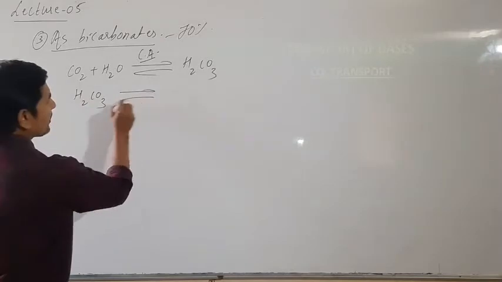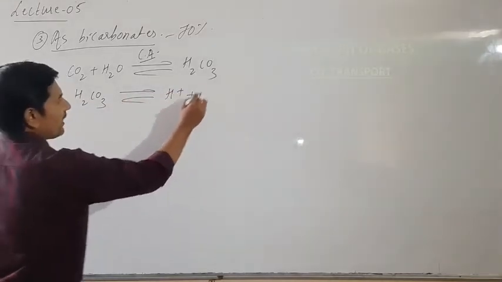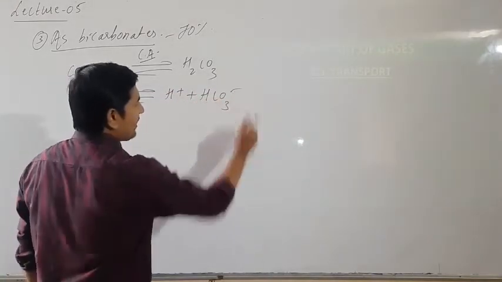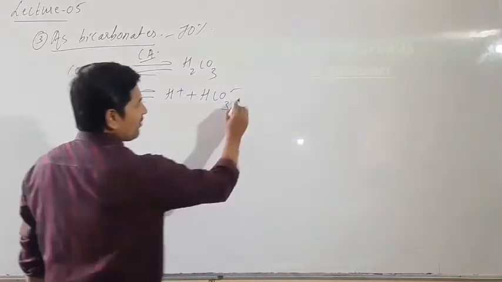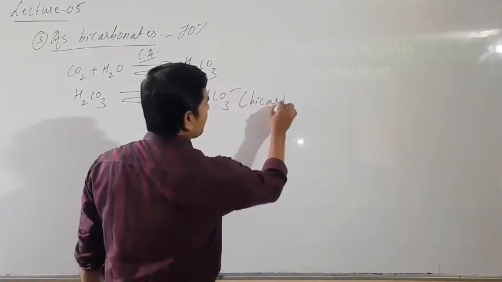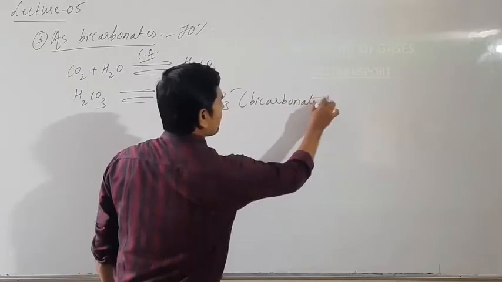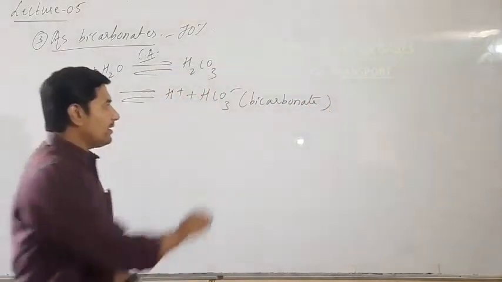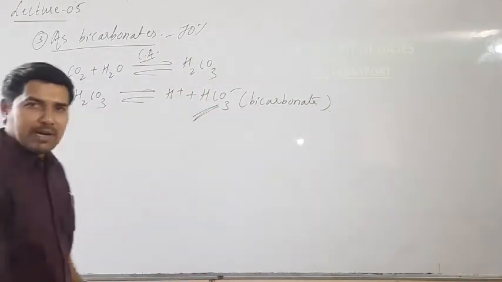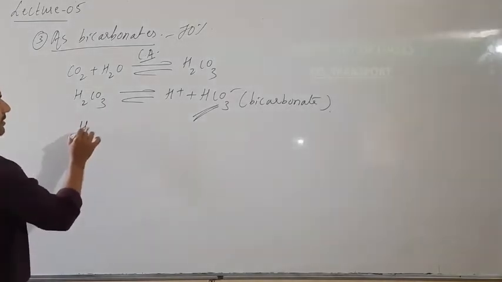H2CO3 dissociates to form into H plus and HCO3 minus ions. So HCO3 is nothing but it is a bicarbonate ions.